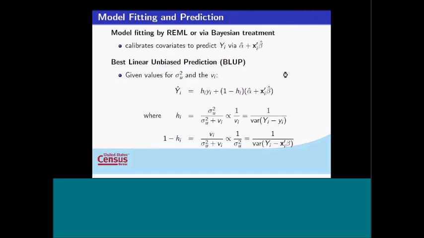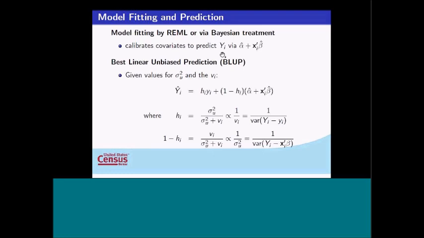Given a specification of a model like this, we fit the model, and the favorite approaches seem to be either restricted maximum likelihood or a Bayesian treatment. A way to think about model fitting is that effectively this calibrates the covariates we have, the X's, so that the regression function is predicting what we want, which is this population target, which is also what the survey estimate is estimating.